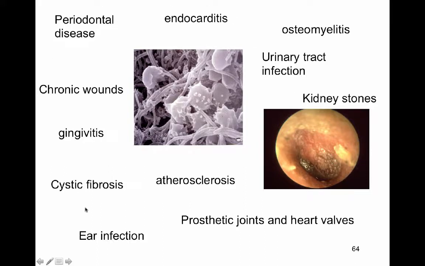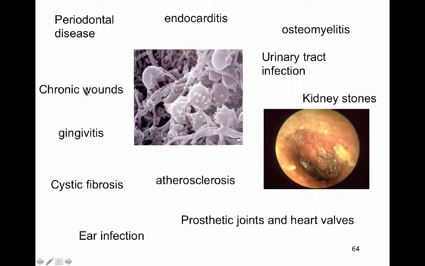And I just pulled up a list here of a bunch of different infectious scenarios that have implications for the formation of biofilms. So here's a picture of a biofilm on the surface of a catheter. Also, here's a picture of the inner ear. So an ear infection can be caused by the buildup of a biofilm.